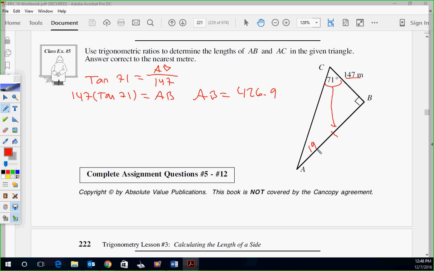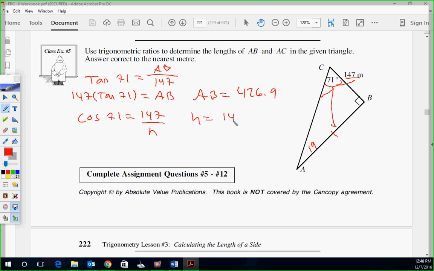Okay, so let's do that again. Now we're doing adjacent to hypotenuse. Cosine. Okay, 147 over h, or CA if you want, or AC. I'll put h for hypotenuse. Again, variables on the bottom, the situation where they essentially switch spots.